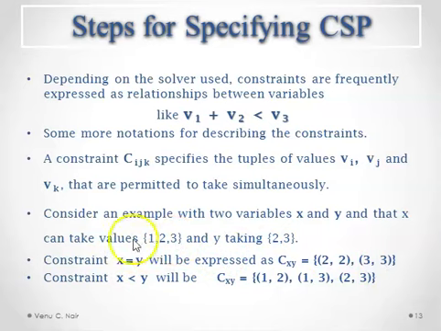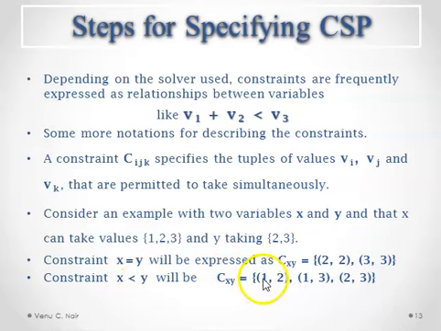Now if we change the constraint to this form, where x is less than y, then C of x, y will change from this to this format. We can take two values for x and y such that always the value of y should be more than that of x according to this constraint.